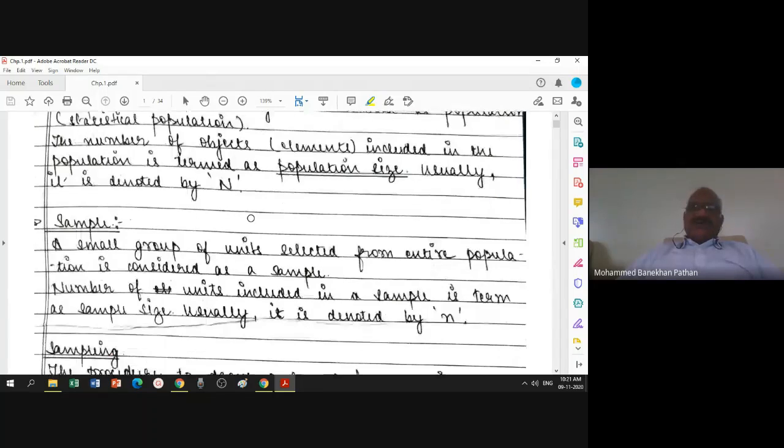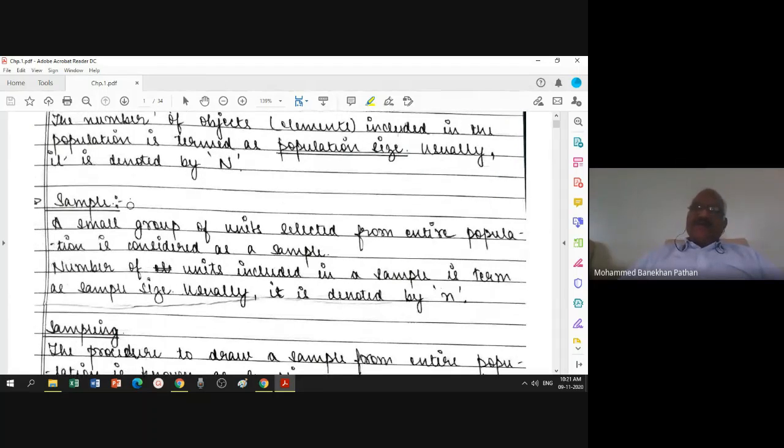So why do we study a sample? Why do we not go for the entire population? The reasons for studying samples are divided basically into three types. Number one, if you try to study the entire population, it will take much more time.